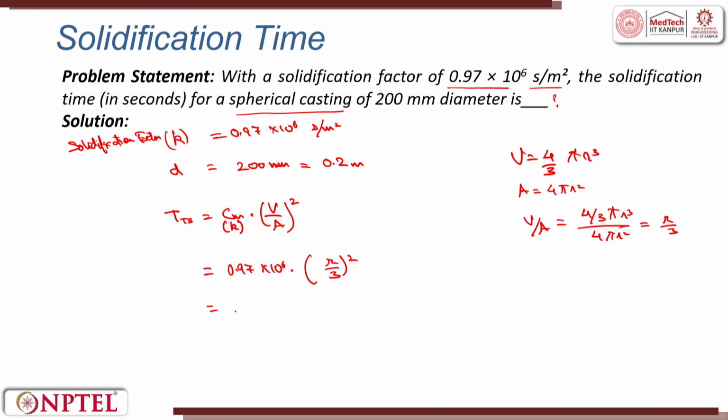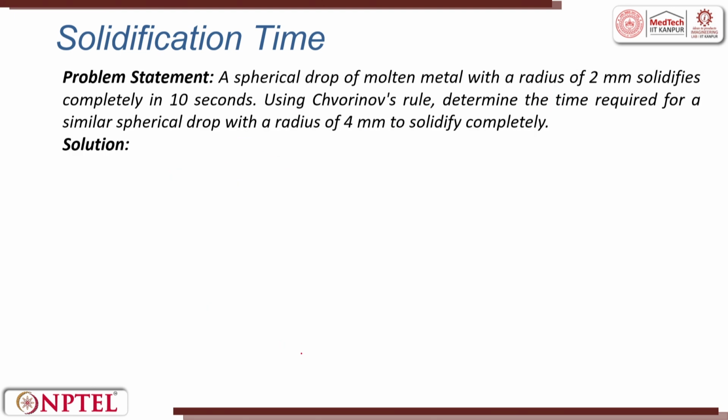This is equal to 0.97 into 10 raised to power 6 into 200 by 3 squared. This gives me time as 1078 seconds.